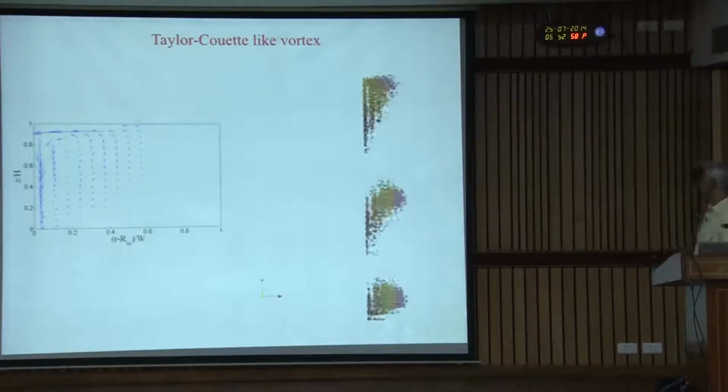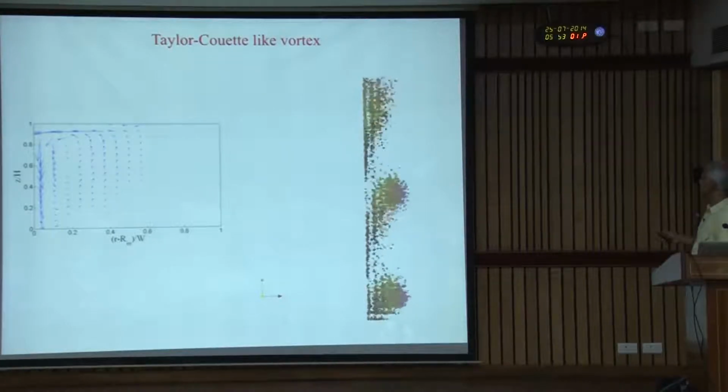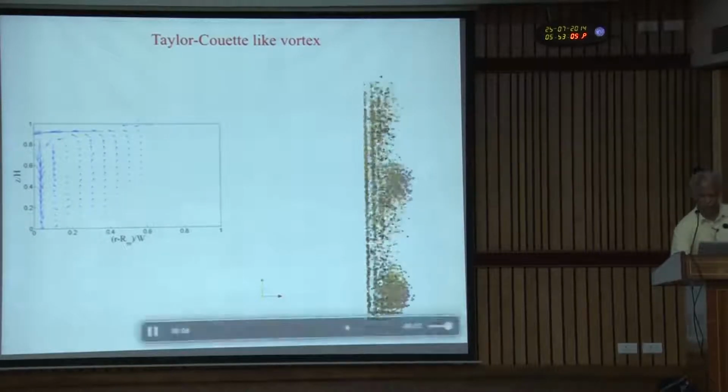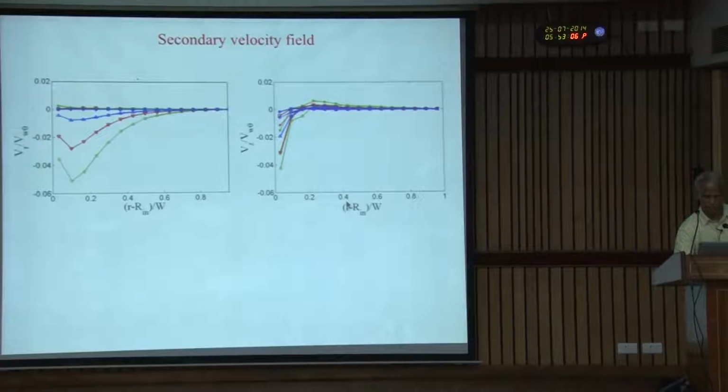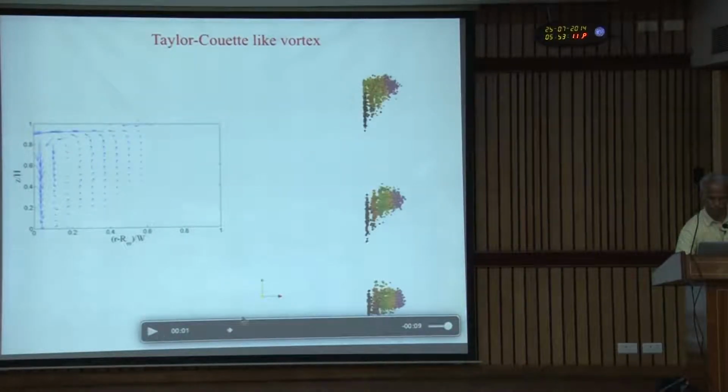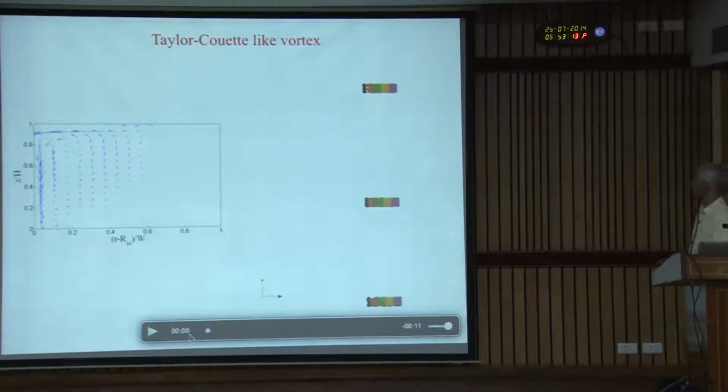So this is a video of the simulation, with the different colored particles. You can see clearly that there are 3 bands of particles with different colors, and the idea is to show you what these bands do.